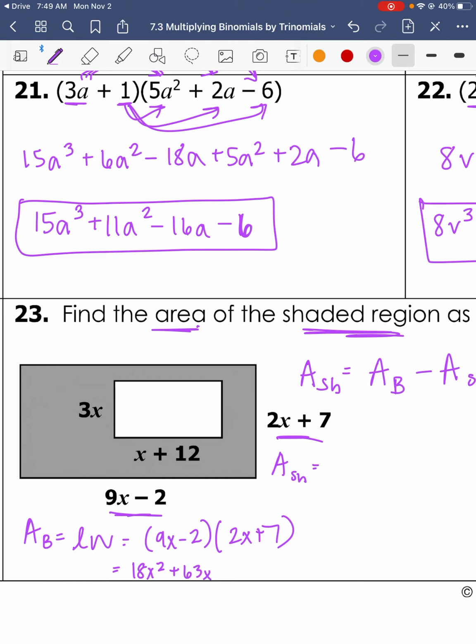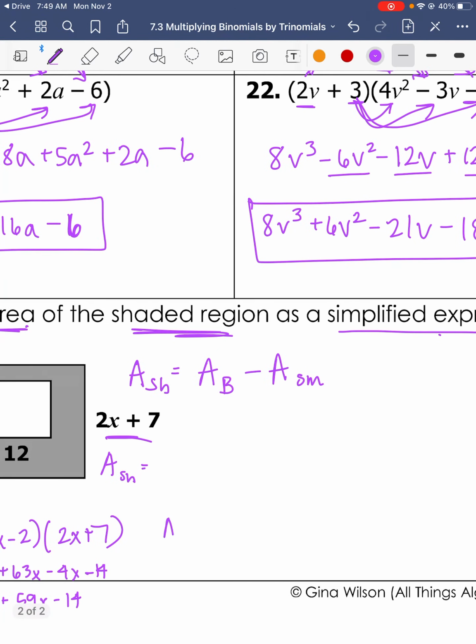Our inner 2, negative 2 times 2x is negative 4x, and then the last 2, negative 2 times 7, minus 14. And then combining these together, we get 18x squared plus 59x minus 14. Okay, and then let's look at the area of the small region.